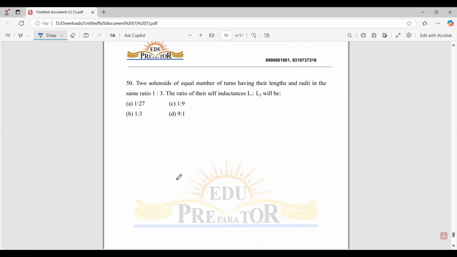Then question number 50, that is based on electromagnetic induction. The self-inductance, as we know, is directly proportional to area per unit length of the solenoid, right? So it means L, the self-inductance, is proportional to pi r square upon length.